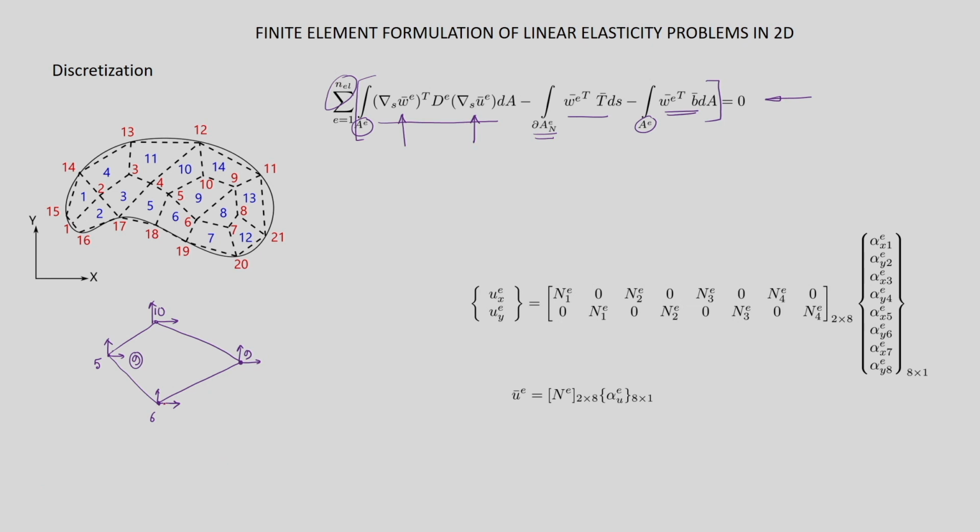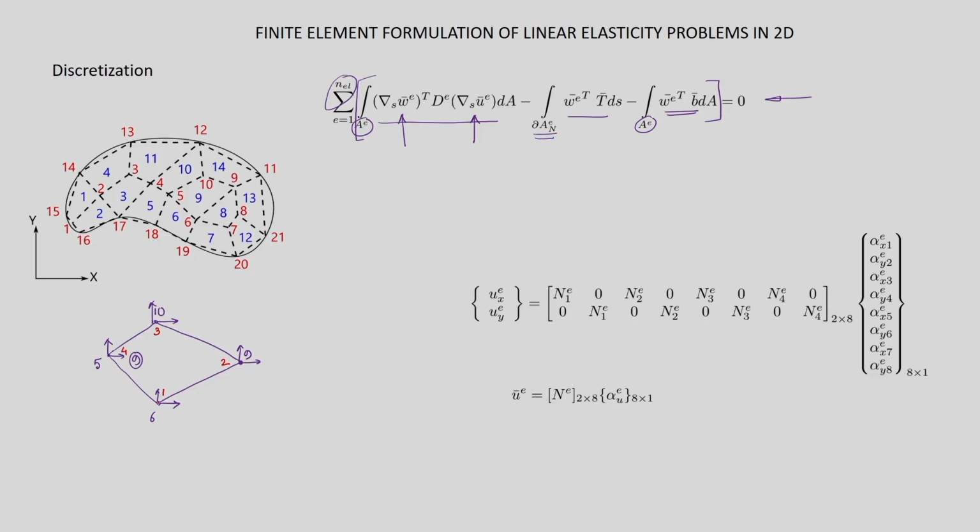If I denote these nodes with local numbers 1, 2, 3, 4, because I am using a quadrilateral element with degree p equal to 1, I have 4 nodes and each node has 2 degrees of freedom, meaning each degree of freedom denotes the displacement in the x and y direction respectively.